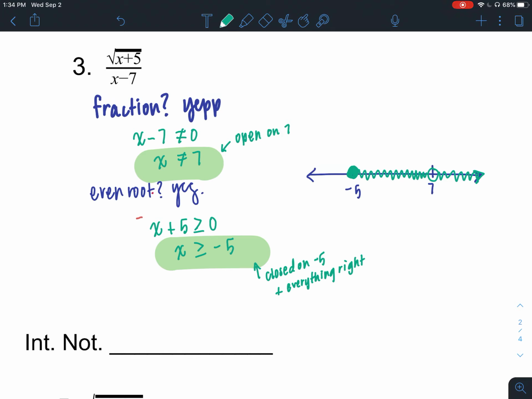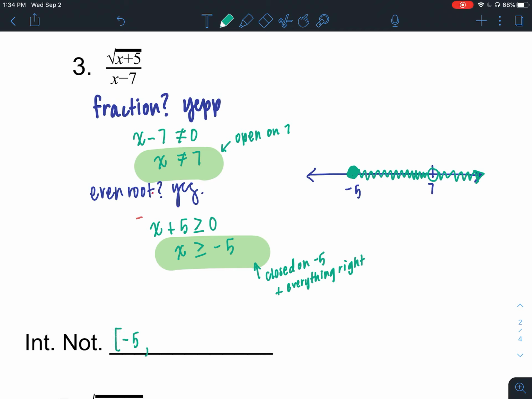Now we have two different intervals. We have the one from negative 5 to 7, and then we have the one from 7 to infinity. So starting from the very left, because we always want to work from left to right, I'm starting with negative 5, and it's a closed circle, so I want a bracket.